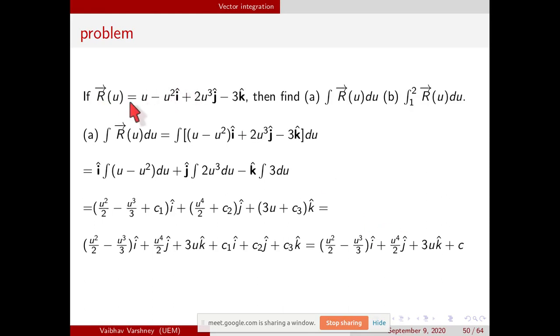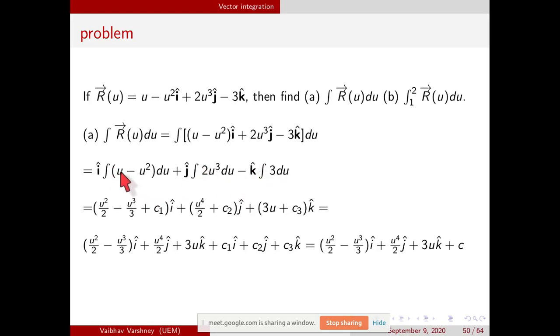We have R of u is equal to u minus u square i cap plus 2u cube j cap minus 3k cap. We have to find, first the indefinite integral, second the definite integral. What we have to do is just take the integral, and these three terms we can integrate separately.